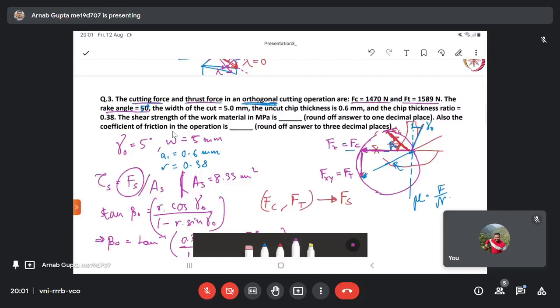Somehow, if we could draw the projection of this Fc on this particular line, the line along Fs, up to this point is your Fs. If we could draw a projection of this Fc on this Fs, and similarly the projection of this Ft on Fs, then we will be left with Fs.